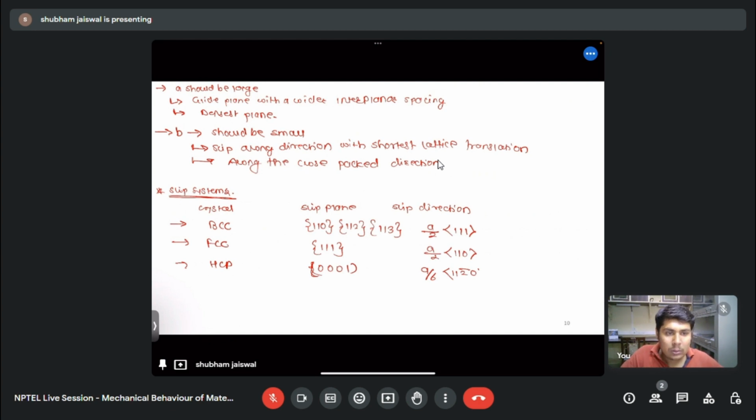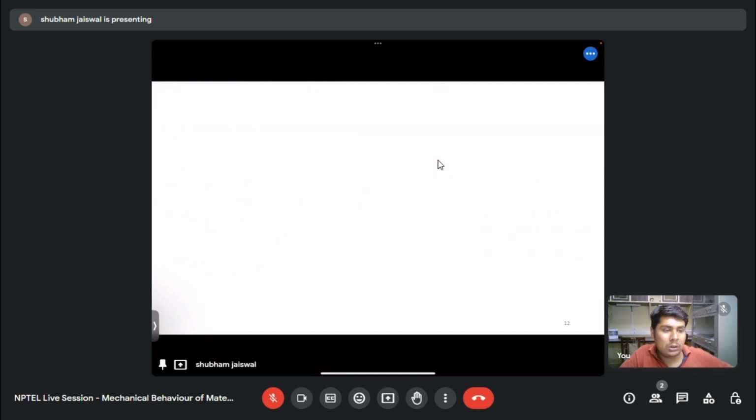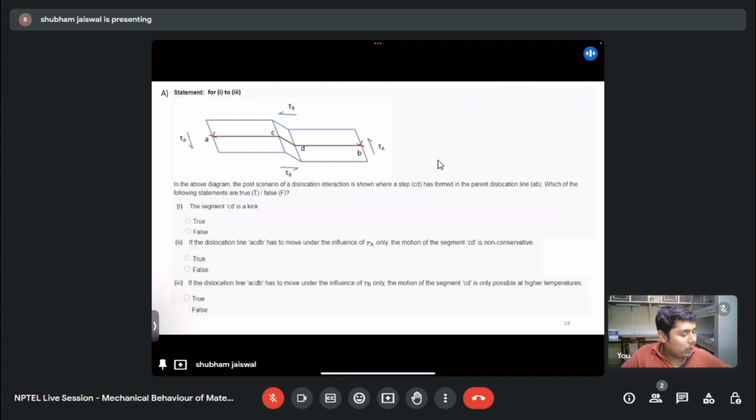So now we will try to solve some problems based on this concept, as well as some concepts of last week. Here we have the first question, statements 1 to 3.